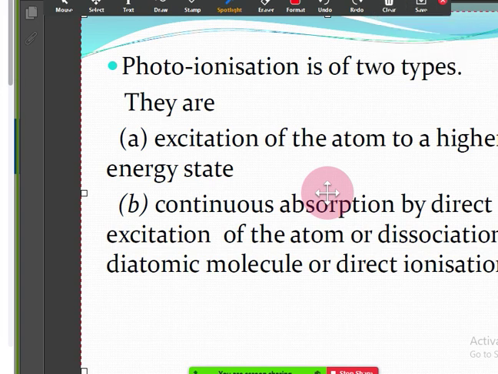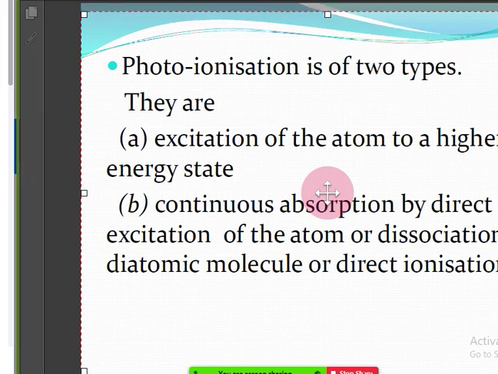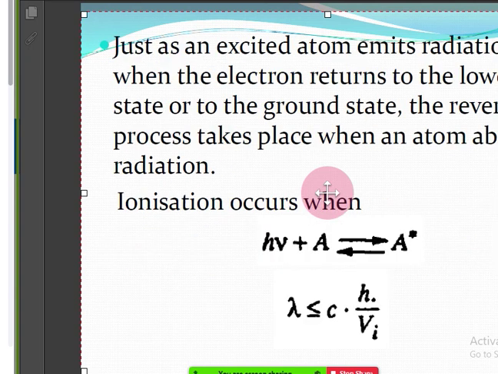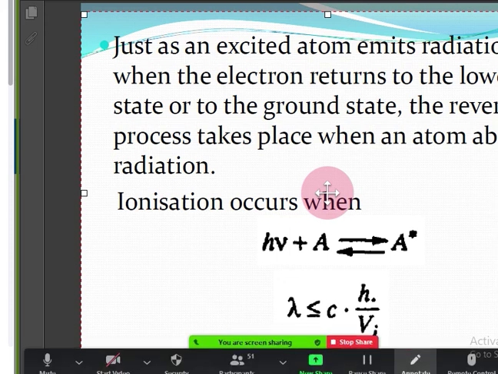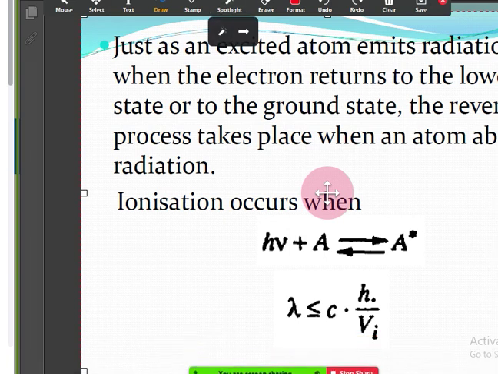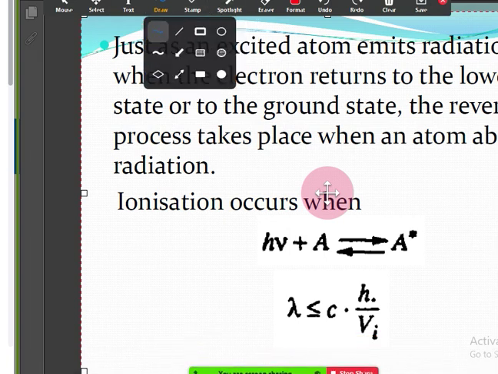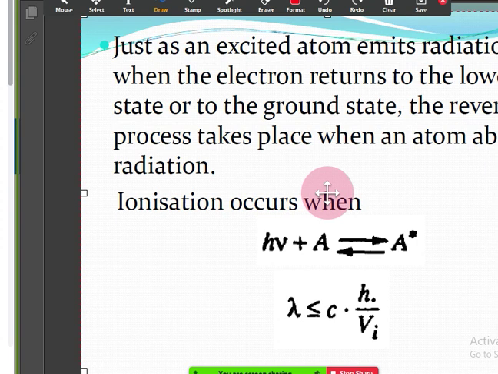Okay, we'll move on to the next slide. If you look at the first point: just as an excited atom emits radiation when the electron returns to a lower state or ground state, the reverse process takes place when an atom absorbs radiation.